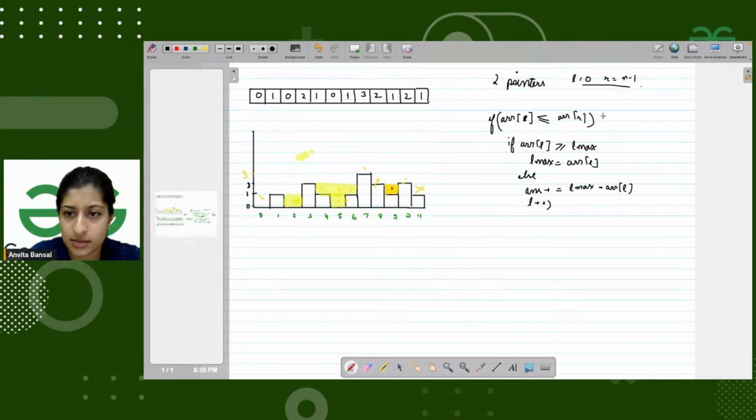And same thing we are going to do for the else case, which is when your ARR of right is less than or equal to ARR of left, right?